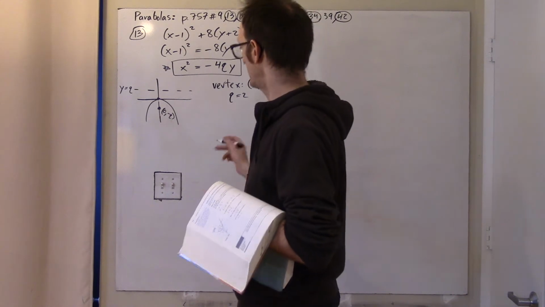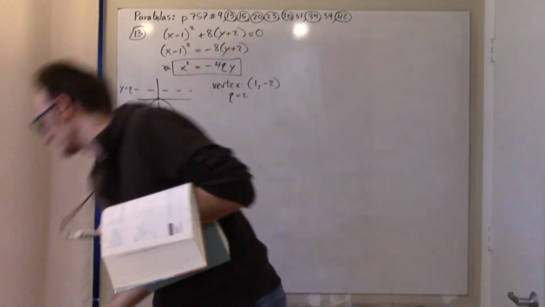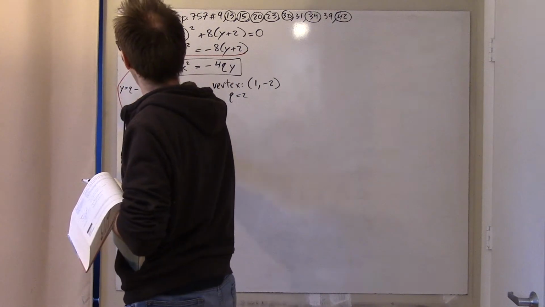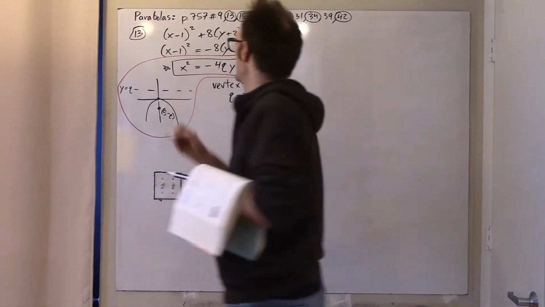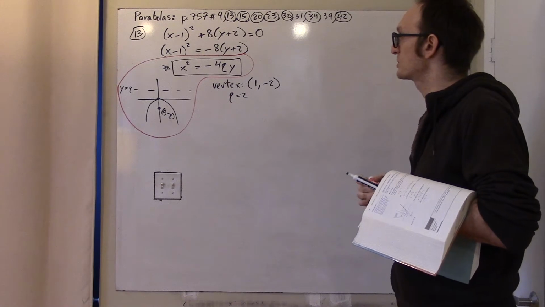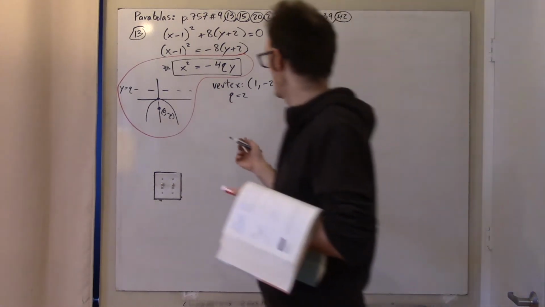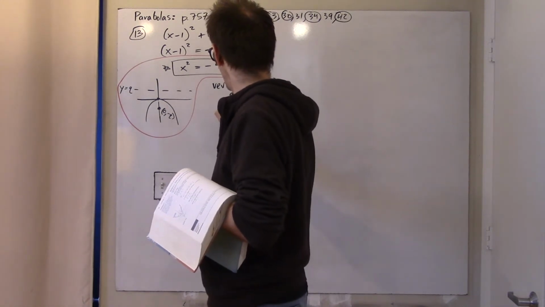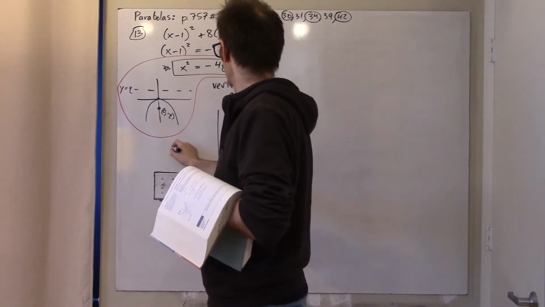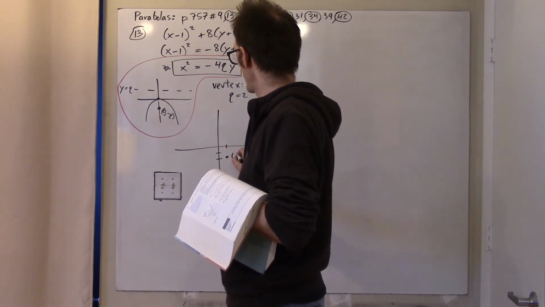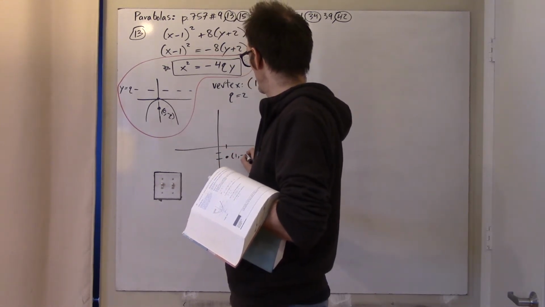Okay, so let's make a real picture of this. Everything here, which I'm about to circle in red, was not actually the answer to this problem. It was just me remembering all of the knowledge I have about this. Well, let's go. I go over 1 and down 2. So there's my vertex at 1, negative 2.